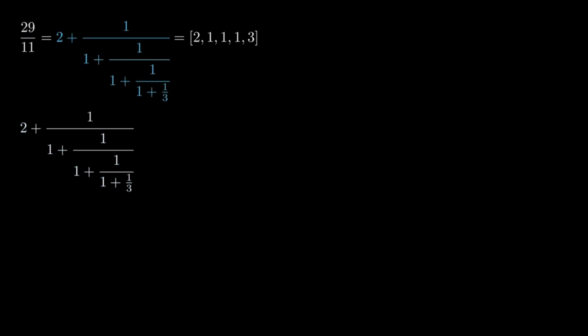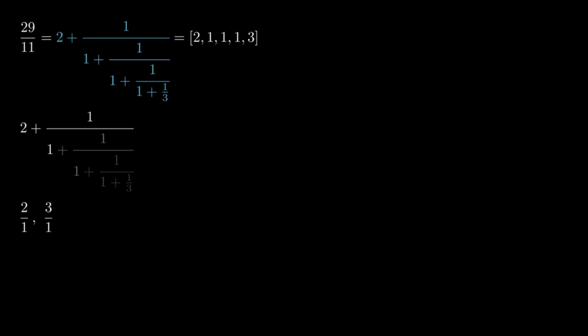We can approximate the continued fraction by cutting it off at some point. For example, if we cut it off here, we get 2. So we'll say 2, or 2 over 1, is the first convergent of 29 over 11. If we cut it off here, we get 2 plus 1 over 1, which is 3. So the second convergent is 3 over 1.